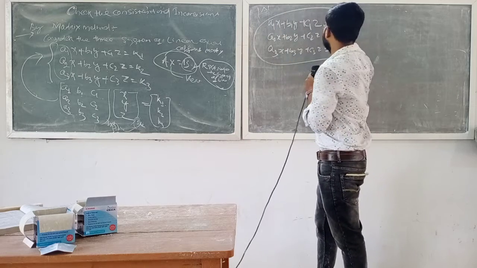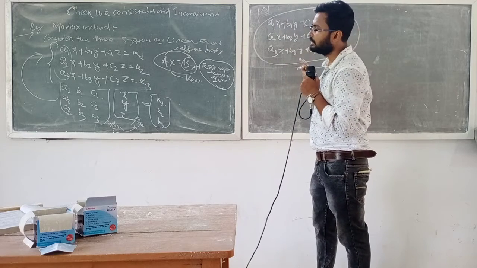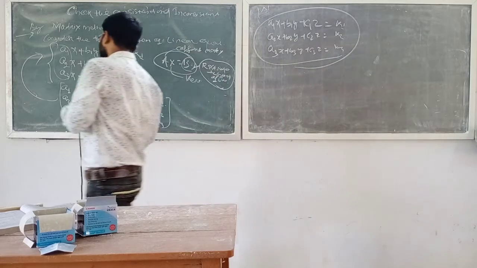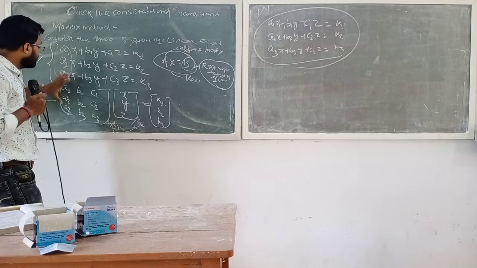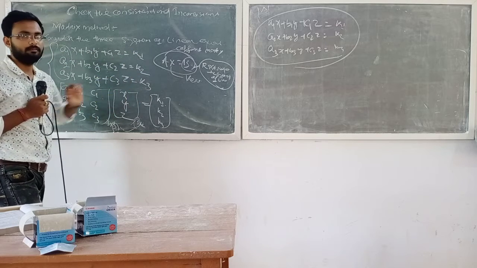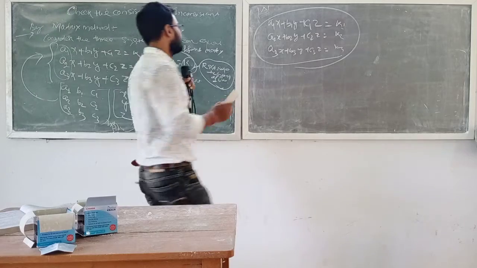This is the system of linear equations. So first we write the coefficient matrix, then the variables matrix, then the right hand side matrix. The second step we will do next.